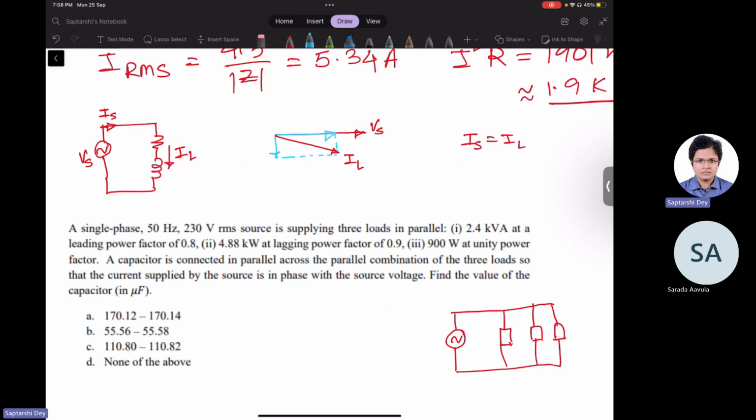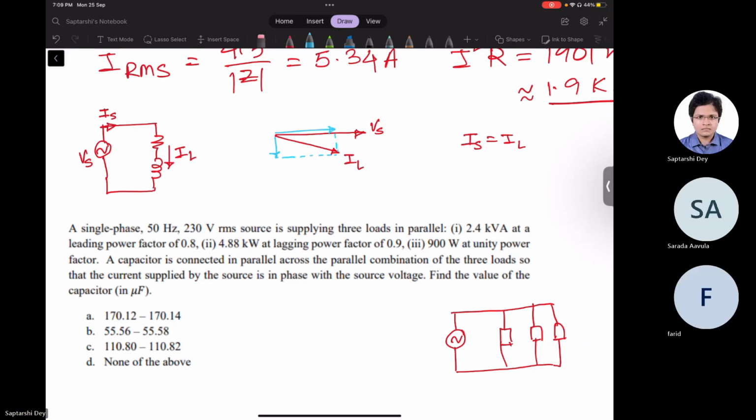Another one is along Vs, right? I'll draw it here. Now we know that the current that is along the voltage source is the one that contributes to the power. The other one is only the reactive power, right? Now this current is the one that we do not need or we want to get rid of. Then we will get a unity power factor.